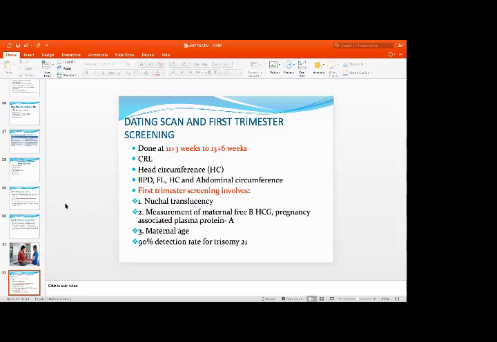So with the help of nuchal translucency, maternal free beta HCG, pregnancy associated plasma protein A and maternal age, with all these we can detect trisomy 21 in 90% of cases.